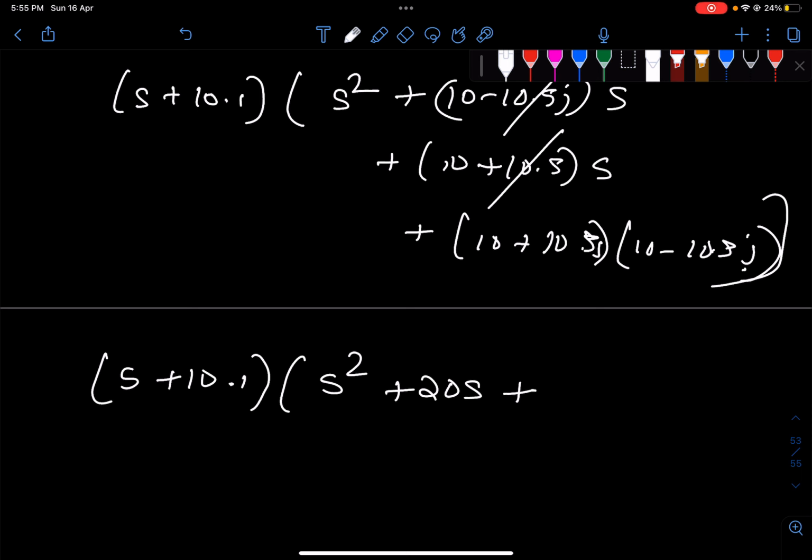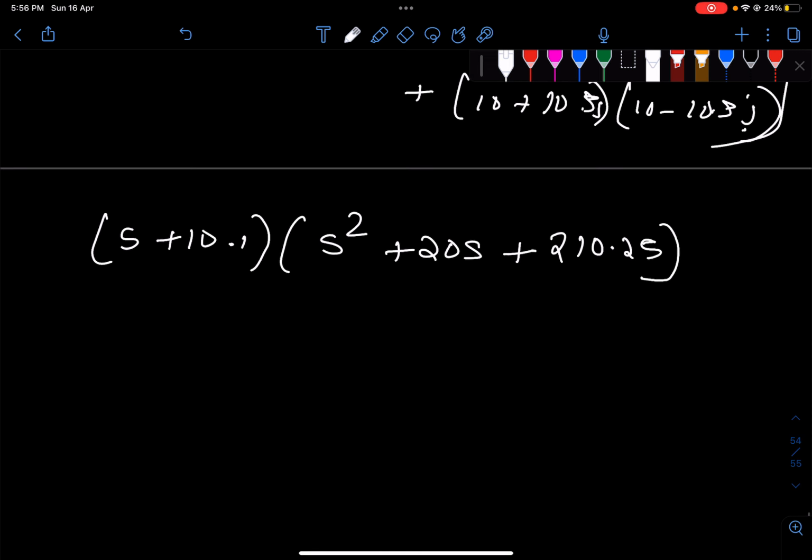So 10 plus 10.5j into 10 minus 10.5j is 10 square plus 10.5 square, that is 210.25, right?